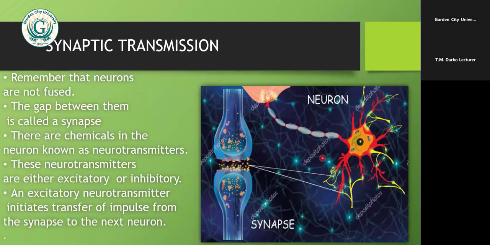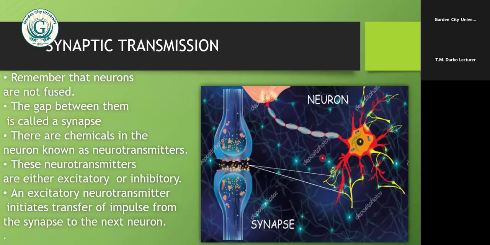All right, good. Now we've generated this action potential. It is traveling along your axon, right? Good. Now, we have trillions or billions of neurons in the human body.